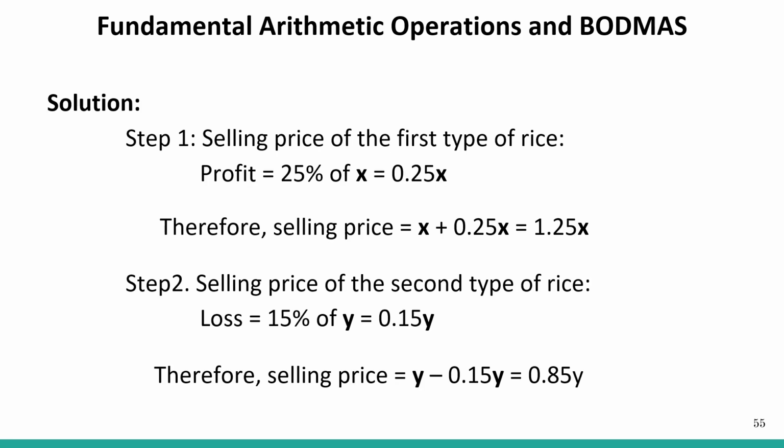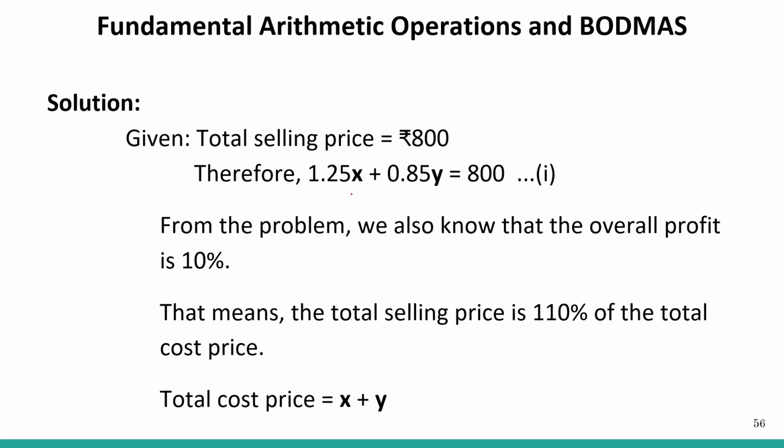Selling price of the first type is x plus 25% of x, in decimal form 0.25x, therefore 1.25x. And the selling price of the second type, with a 15% loss, is y minus 0.15y, which is 0.85y. It is told to us that their sum is 800.